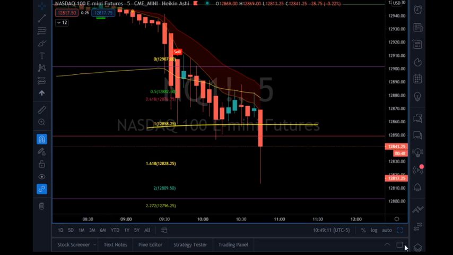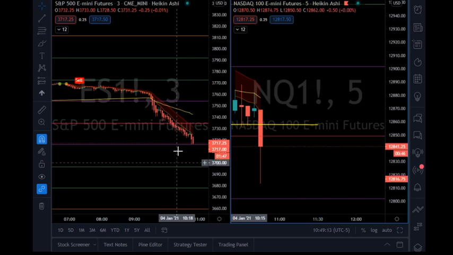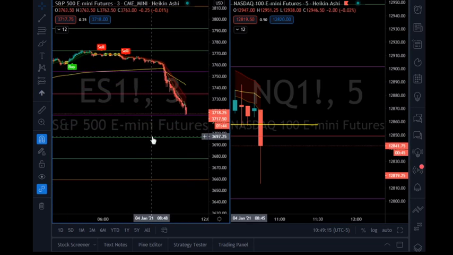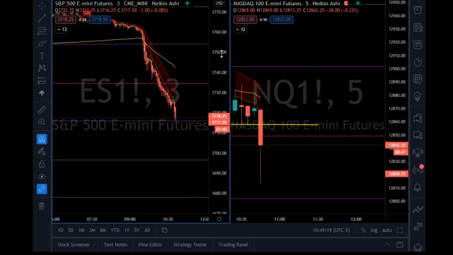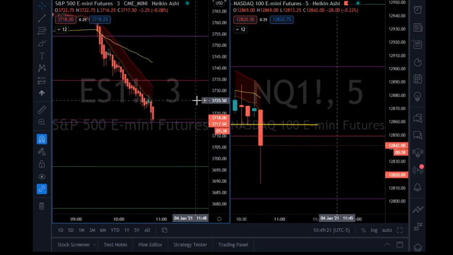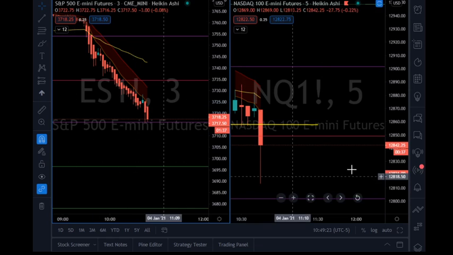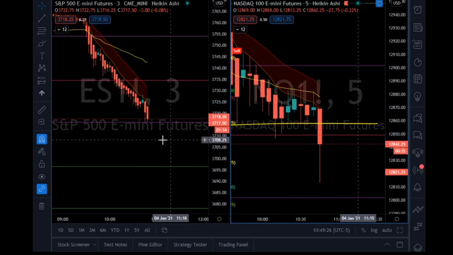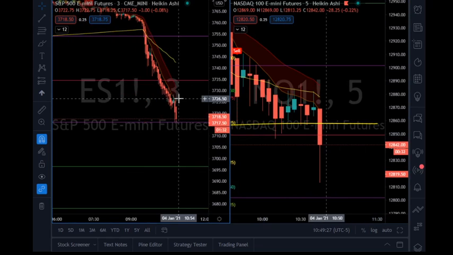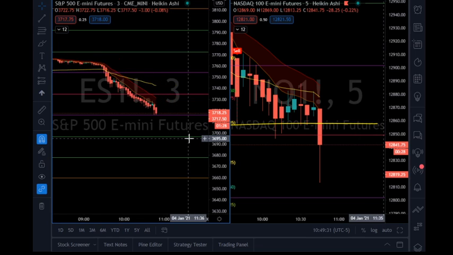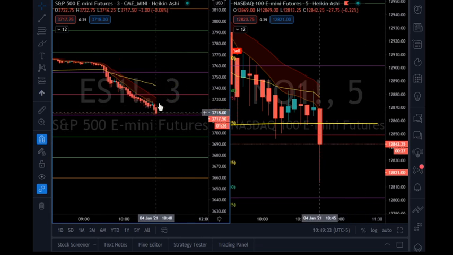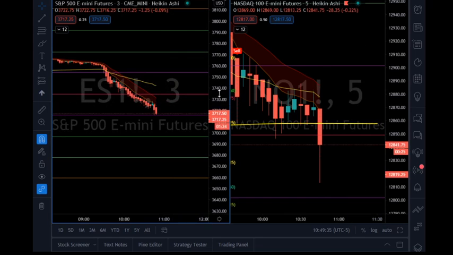But for mini S&P futures 500, we still haven't received any signal since the beginning of the US session. I don't know if we are supposed to wait one more, or maybe there will be a reversal pattern or a pullback towards the pivot line perhaps.